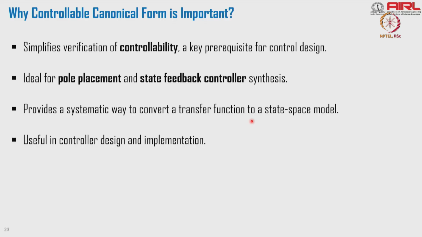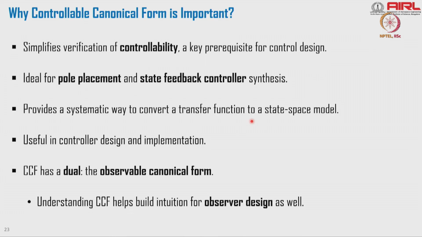It's useful in controller design and its implementation, right. The controller canonical form has a dual, the observable canonical form, right. Understanding controller canonical form helps to build intuition over the observer design as well, right.